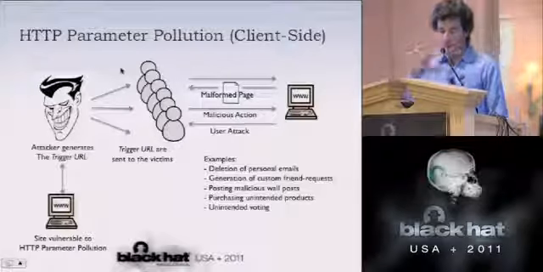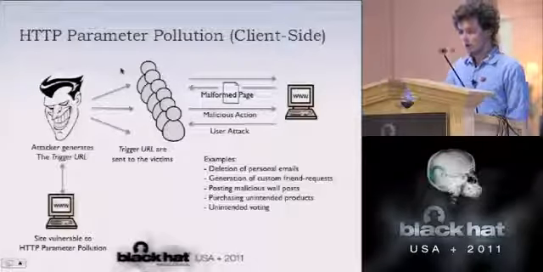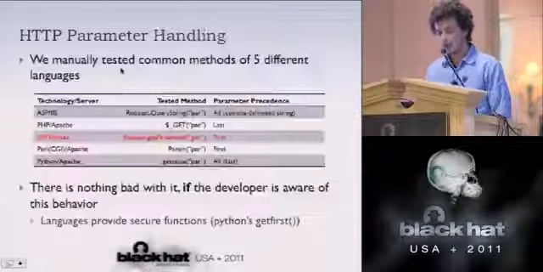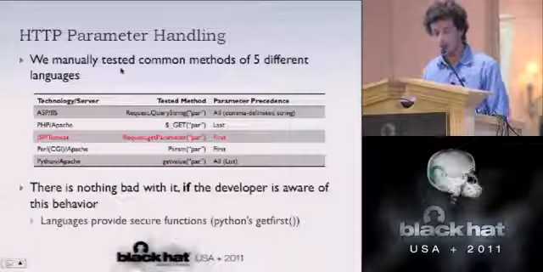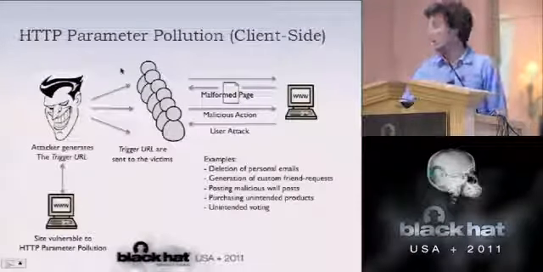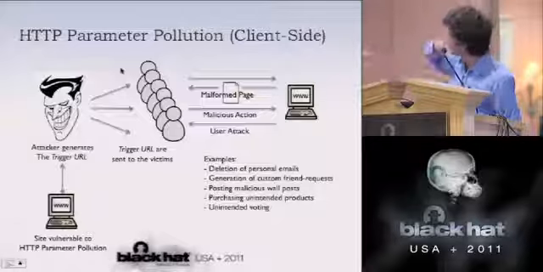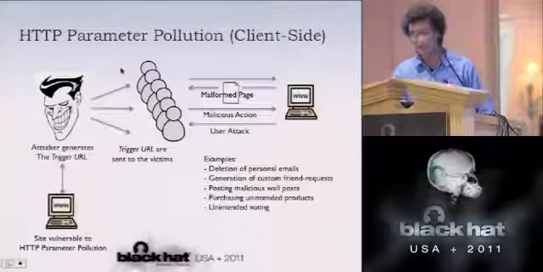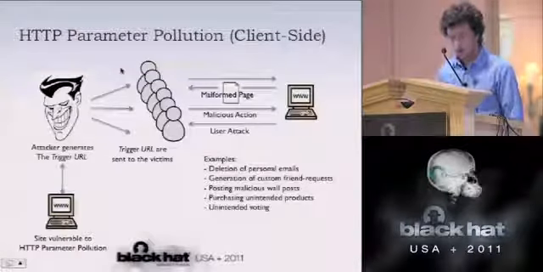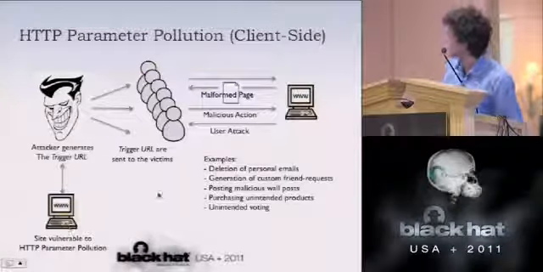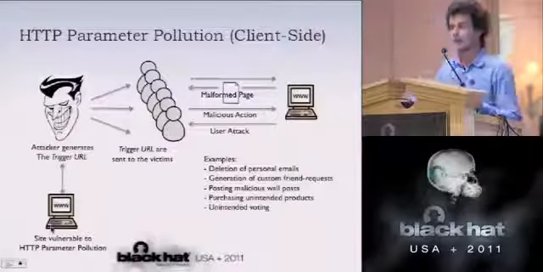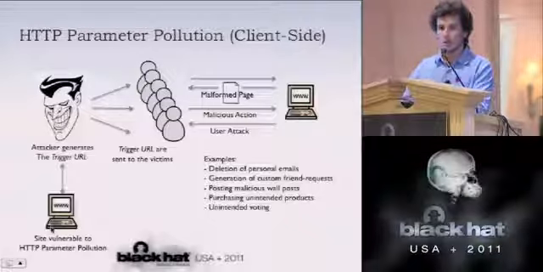Now we go into HTTP parameter pollution. I'm going to show you how this parameter handling affects pollution, and how it can be used to run an attack. The first thing we will see is the client-side attack. You have a site that is vulnerable to parameter pollution, and the bad guy realizes that this site can be used to perform attacks.